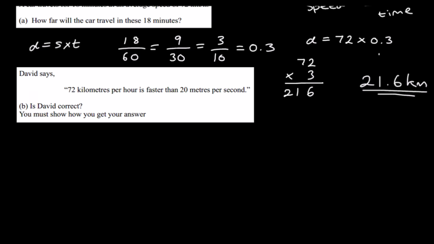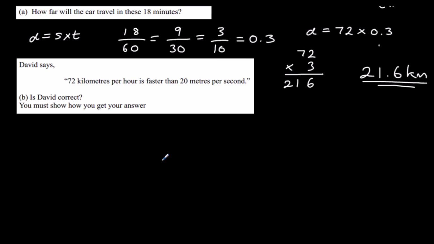Part B. David says 72 kilometers per hour is faster than 20 meters per second. Is David correct? So we need to convert 72 kilometers per hour into meters per second and then compare that answer with 20.